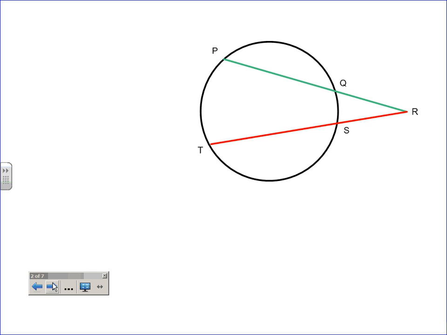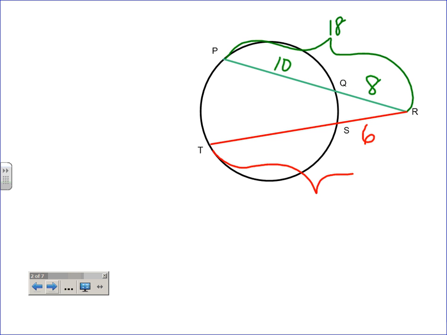Excellent question. So this one right here, are they hitting each other inside? So is it going to be little piece times little piece like we just did? No. Whenever they hit outside, what I like to say is to take outside piece times whole thing. And what is whole thing? Okay. And for the red one, let's say it's 6 and x.